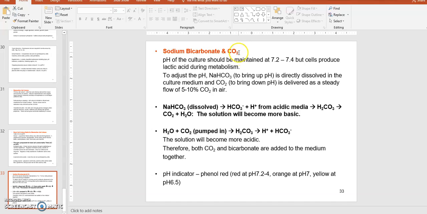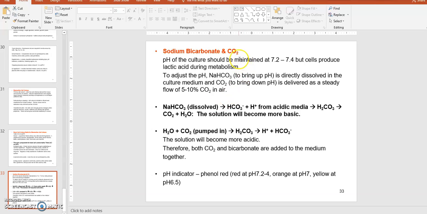Another is CO2 gas, carbon dioxide. If the pH of your cell culture medium became acidic because sugar is broken down continuously, and often the byproducts of cellular respiration are acids, like lactic acid, the pH of your medium can become acidic.